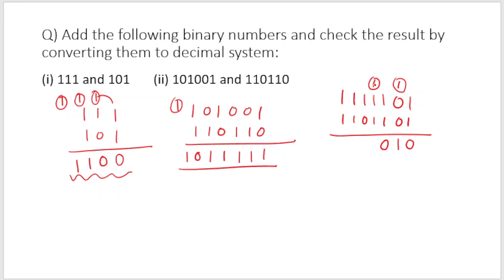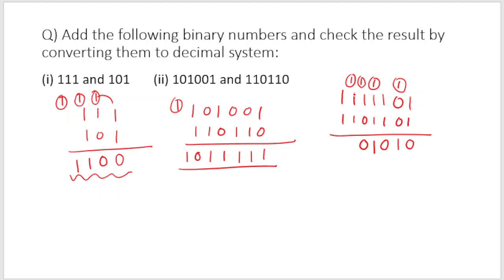Okay, now here 1 plus 1 is 0, right? So once it is 0, there will be a 1 which will be carried over to the next column. Now we have 0 plus 1, so that will be equal to 1, right? Now we have 1 plus 1, so that will give me 0, but 1 will be carried over to the next term.